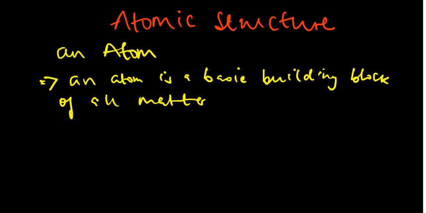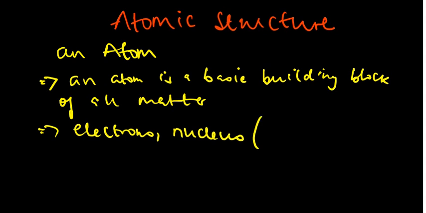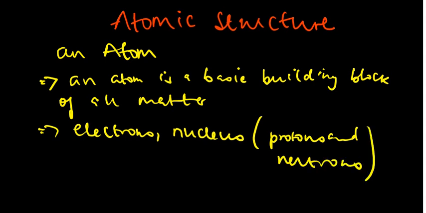Having said that, we must also know that an atom is made up of electrons and a nucleus, which comprises protons and neutrons. We're going to see how exactly these come about.